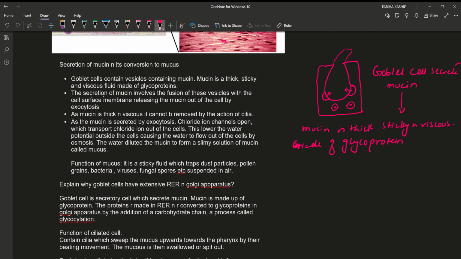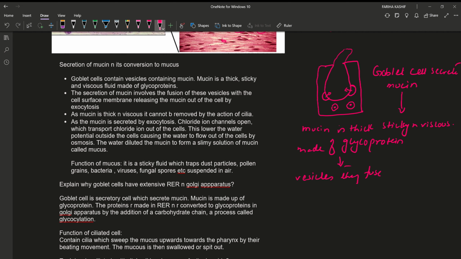Mucin is present inside the vesicles. Mucin is made up of glycoprotein. Now, this is the common mechanism and we studied it in chapter number 1.